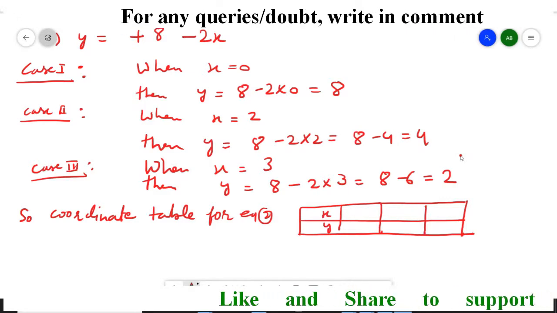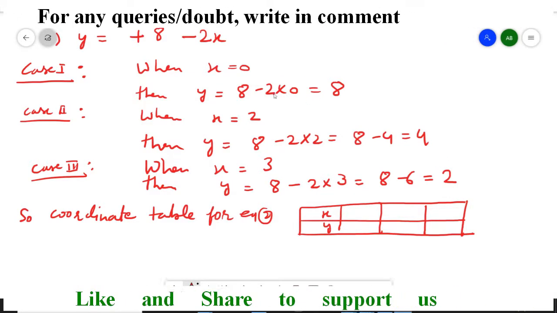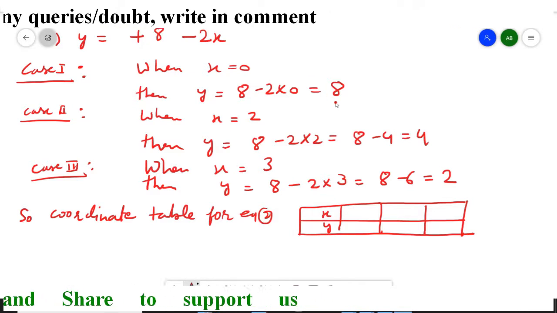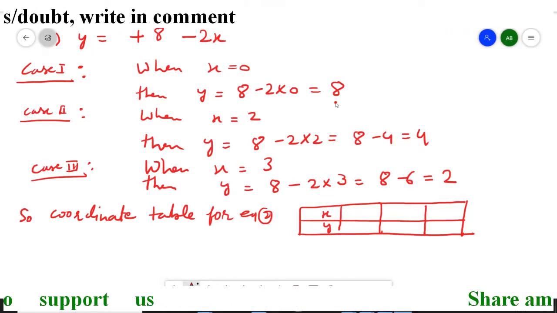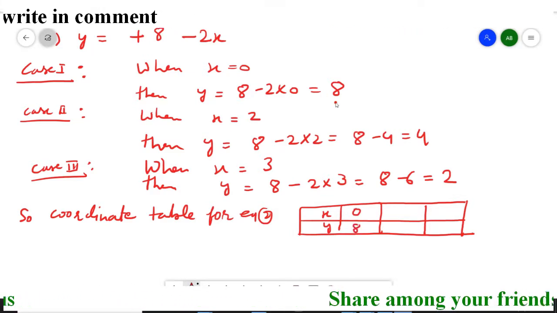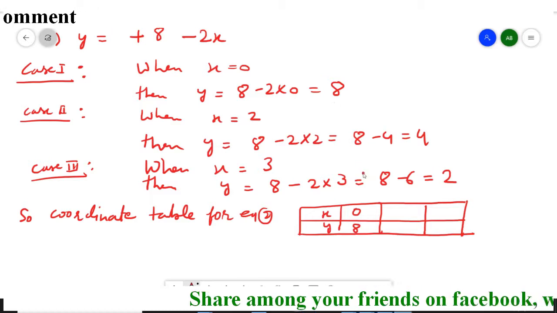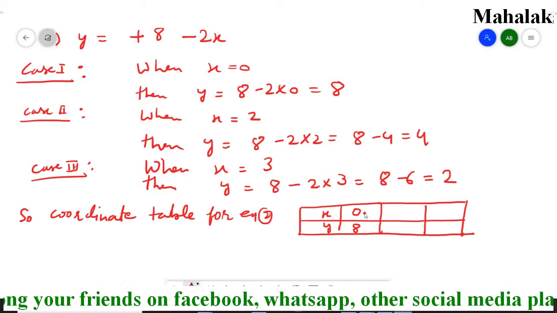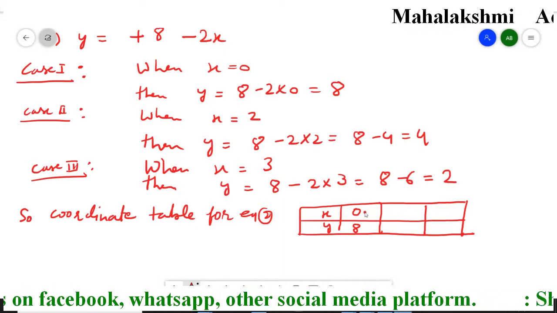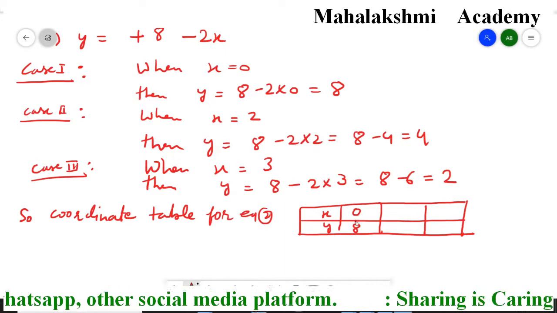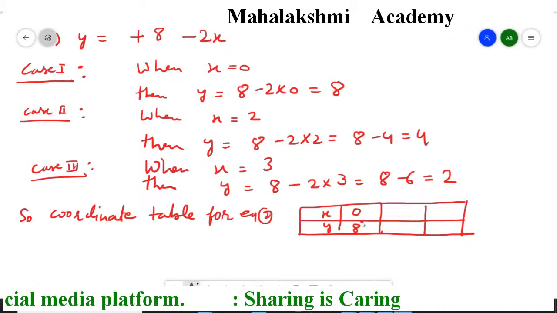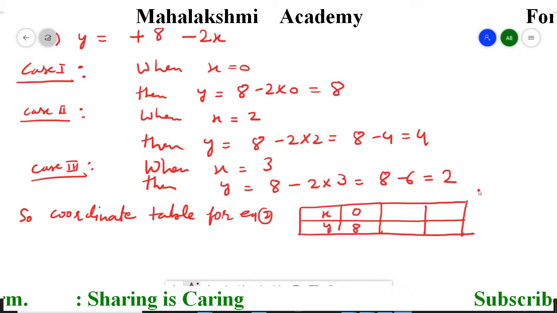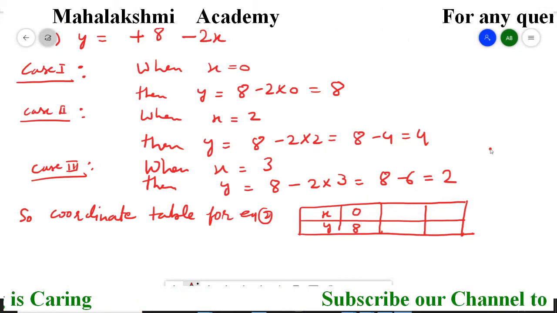X, y. So see here, in case first x is 0 and y is 8. So we write here 0, comma 8. Purposefully I took 0 first because we need to find out where this line will intersect the y-axis. On the y-axis x is 0, that's why we took it here. On this coordinate the line is going to intersect. So we calculated it.